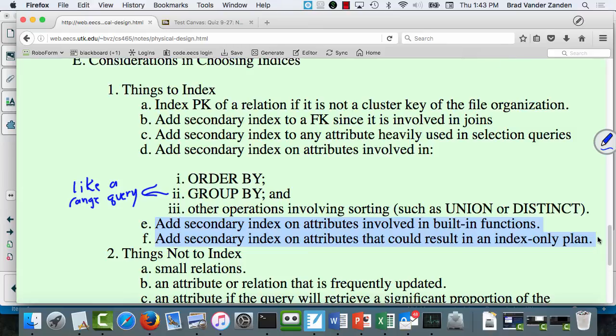Now, as I said, you just might say, well, why don't I index everything? And there are some reasons not to do so. First of all, there are some relations that are pretty small. Even for some big companies, there are small relations. An example of that would probably be the branch relation. Even for fairly big companies, you can fit a lot of information into a block.